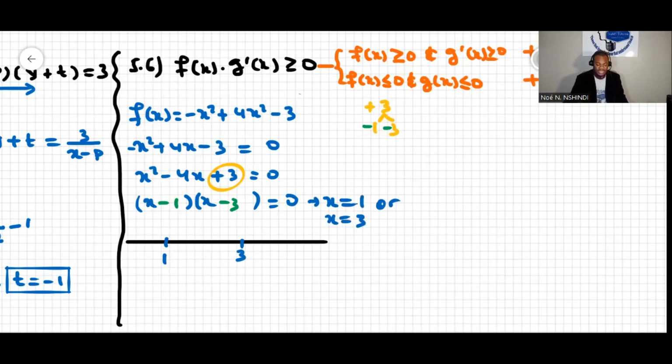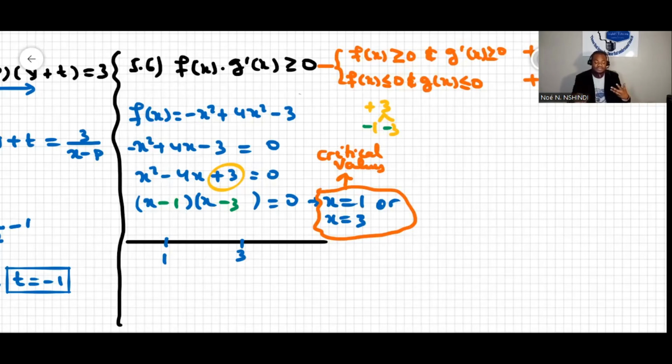Remember, these values are not the solution. Those ones are just the critical values, okay? Those are the critical values. The critical values are the values that determine the boundaries over which the interval is positive or negative.